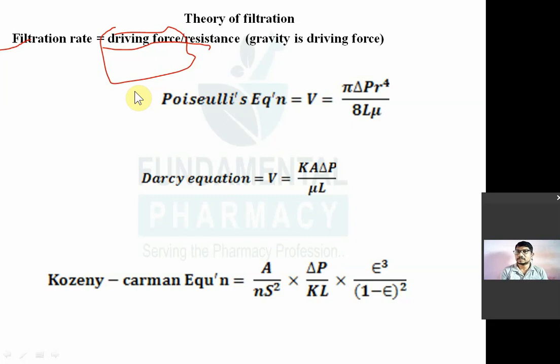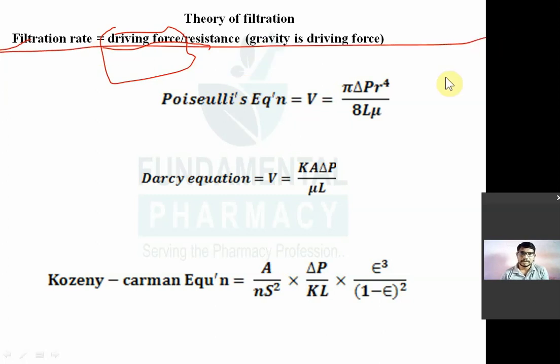Remember this. Either you can apply pressure on the filter medium by feeding the slurry forcefully, or you can decrease the pressure. Increasing the pressure means positive pressure and decreasing pressure means negative pressure.